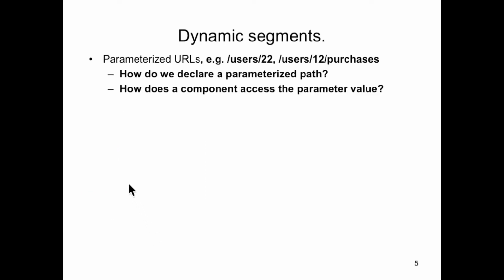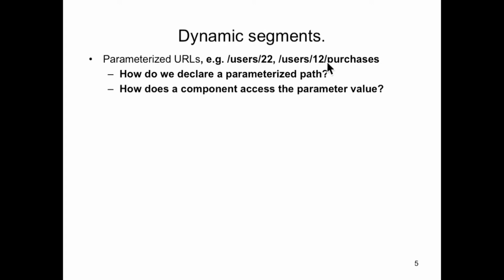Next is something called dynamic segments, which is poorly named. A better name is this idea of parameterized URLs, where you want part of the URL to be a parameter that can change. So, for example, you might have URLs like this as part of your app. The 22 presumably refers to maybe a user ID, and same over here, right?